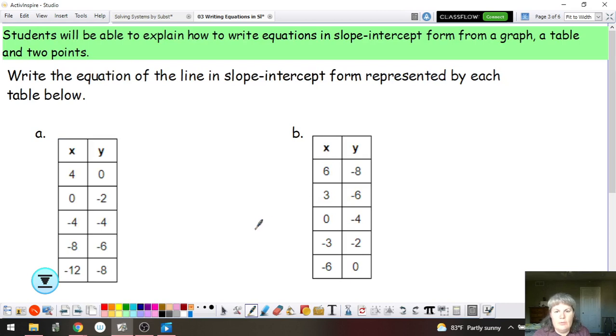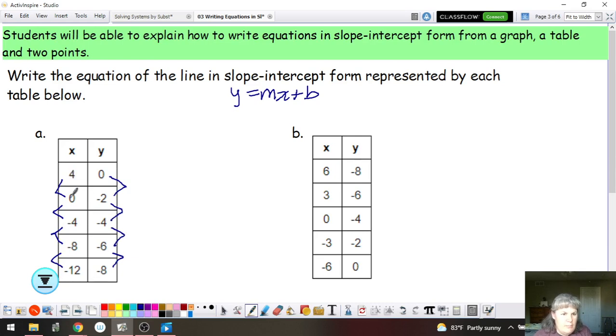If you're given tables, you can still write the equation in slope-intercept form from a table. We know to find our slopes, we need to find our change in x and our change in y, and it should be consistent.